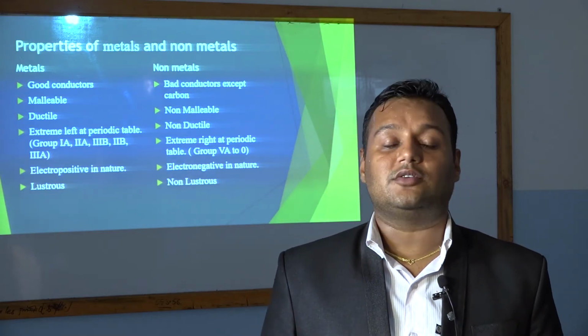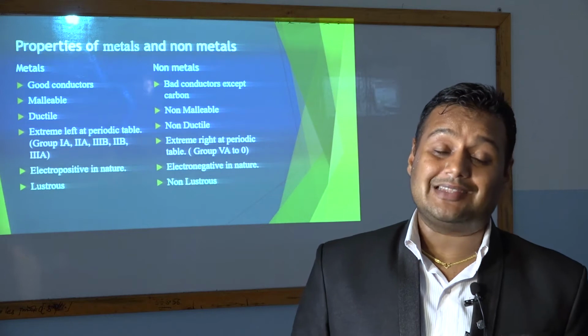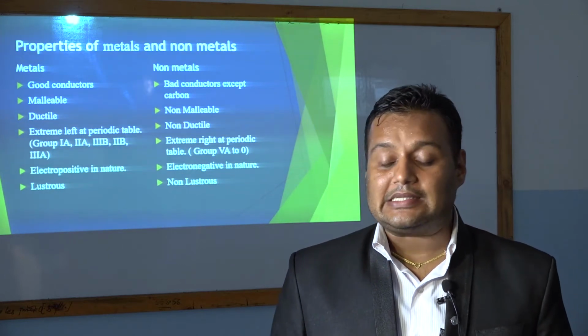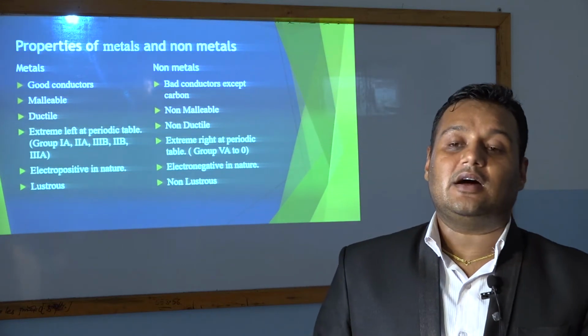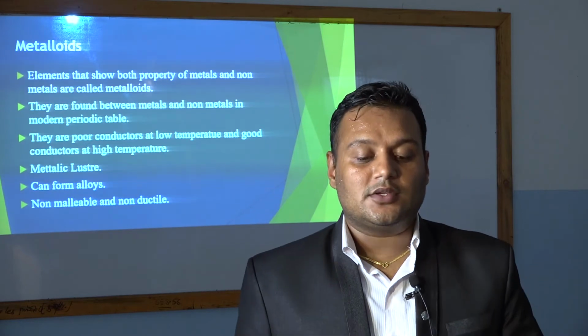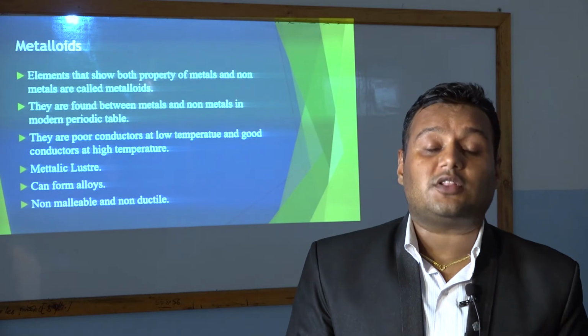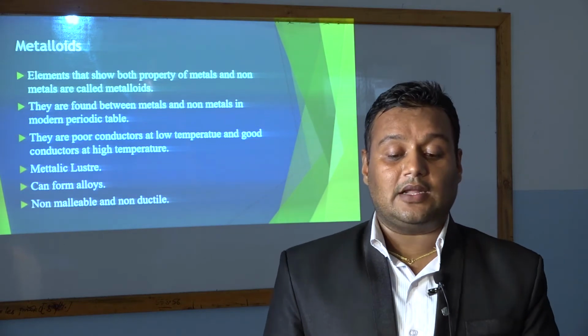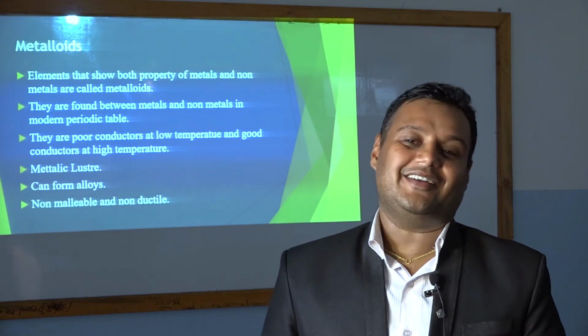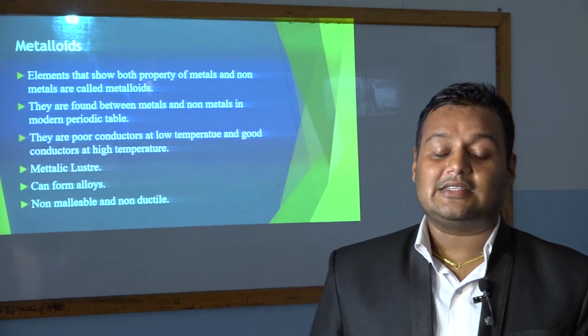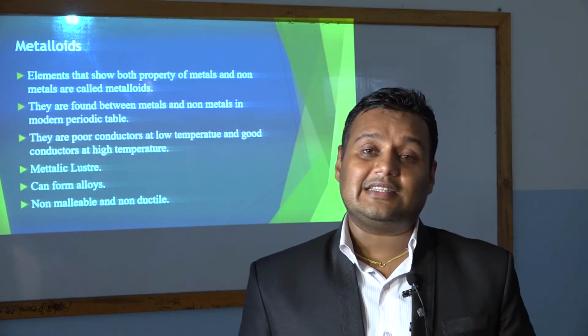Now we are going to read about metalloids, their definition and properties. Let's see the next slide. Elements that show properties of both metals and non-metals are called metalloids. Look here, it is a very interesting thing.